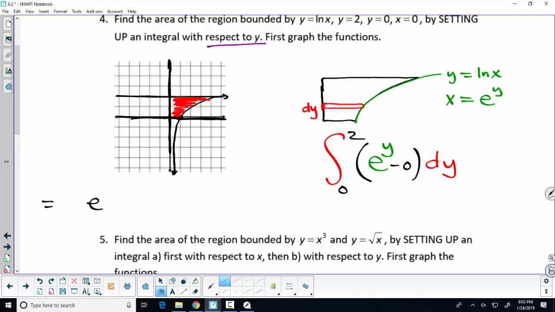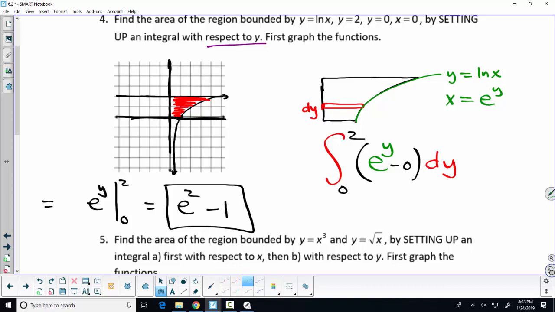That one's e to the y evaluated from 0 to 2, which is e squared minus 1. And if we needed an approximate, we could just punch that in our calculators. So cross this out.